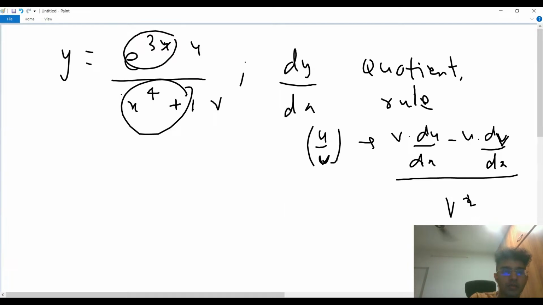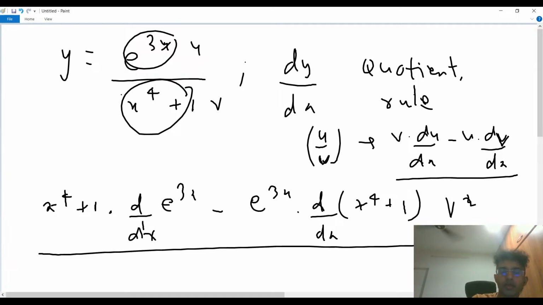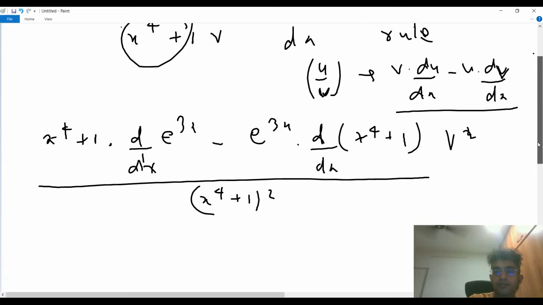So x raised to 4 plus 1 into d by dx of e raised to 3x minus e raised to 3x into d by dx of x raised to 4 plus 1, the whole divided by x raised to 4 plus 1 bracket square. Okay, this thing.